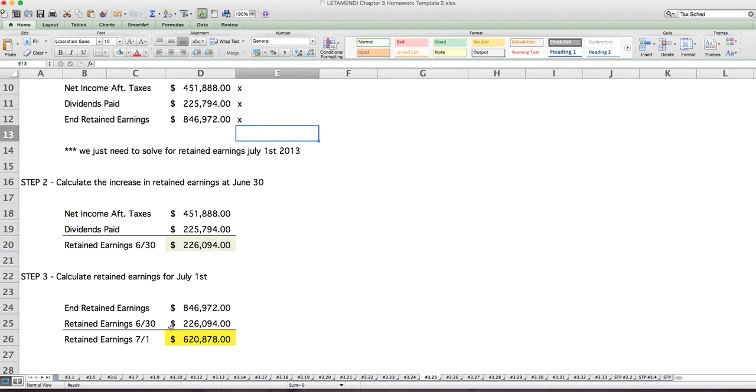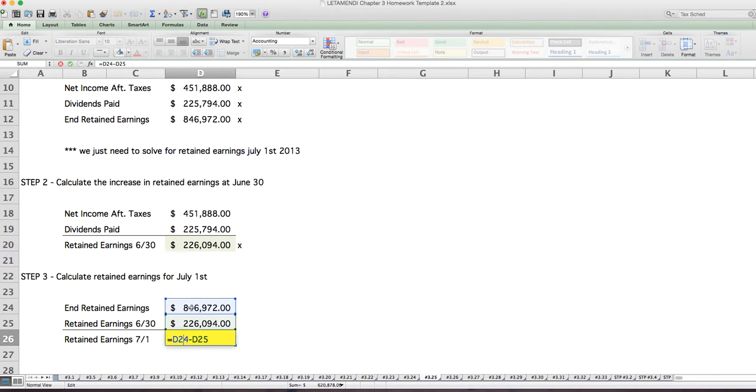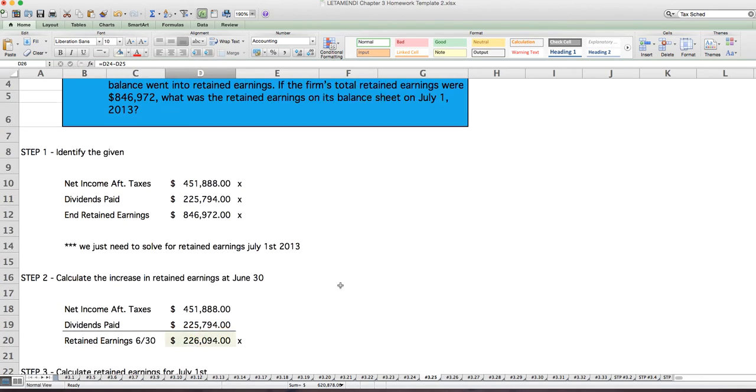And the retained earnings on June 30th were 226,094. And where do we get that from? We got it from right here because we calculated it. So in order to determine what the retained earnings were on July 1st, we have to take the end retained earnings, 846K, and the retained earnings on June 30th and just subtract the two. And that's it. It was a pretty simple one.